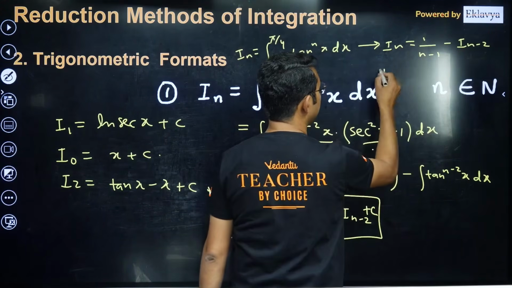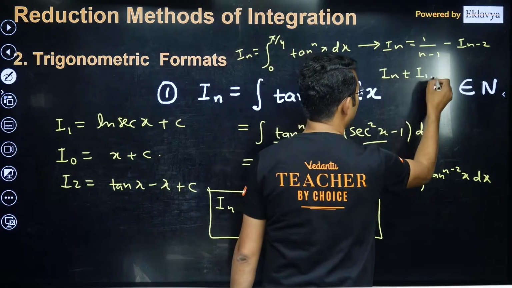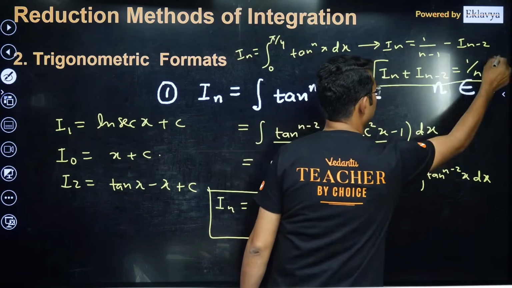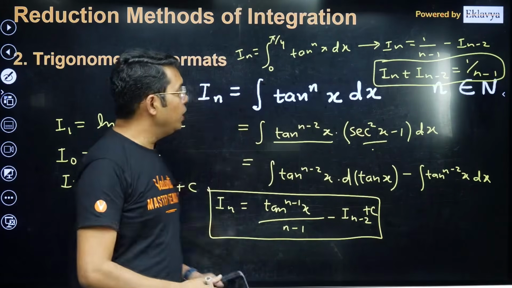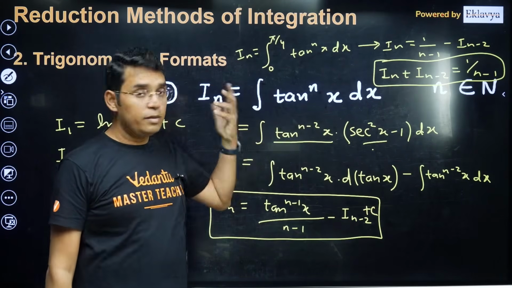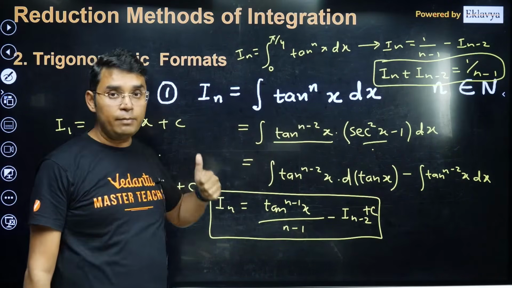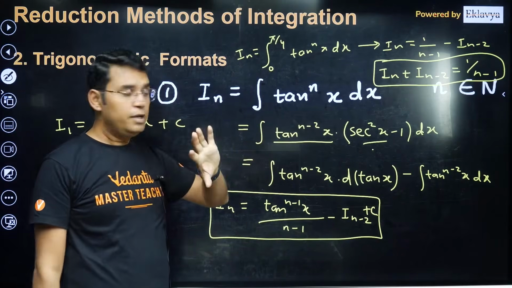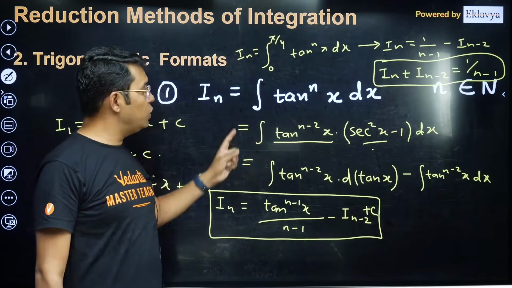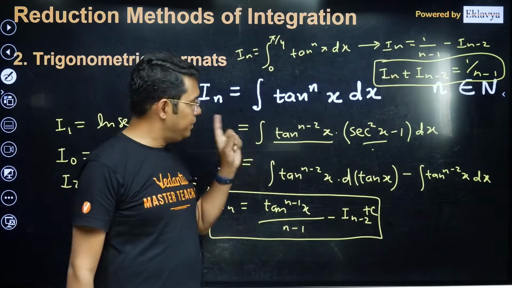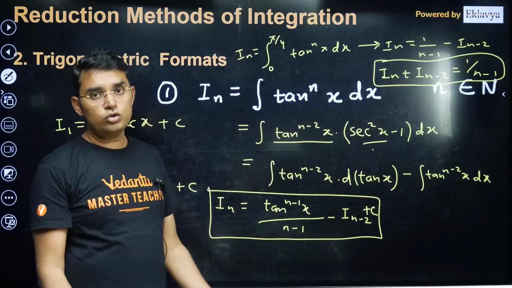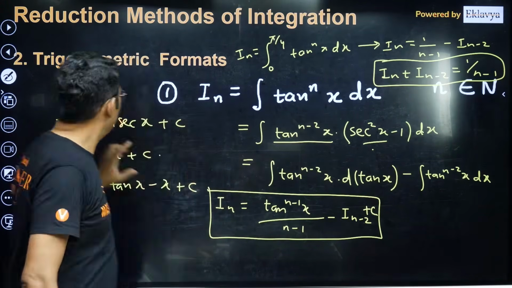So in this case, the result is In plus I n minus 2 is equal to 1 upon n minus 1. Very important thing, you may like to remember it. I will not say exactly remember it, but you should have something related to this in your mind whenever you are looking at this question. It should not be that you are doing it for the first time in the exam. Then it may become a bit difficult, because this can lead to many other questions also. So it should be there in your memory.